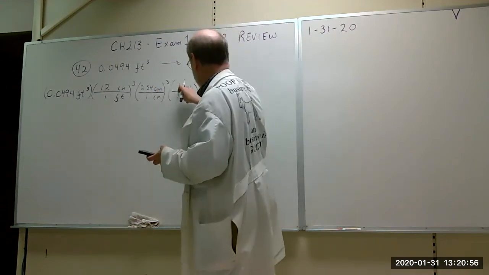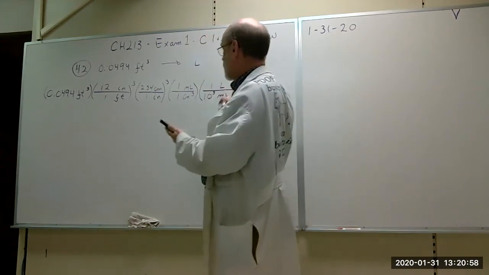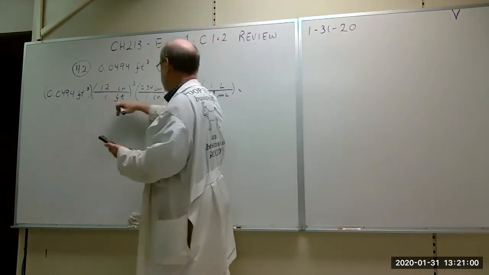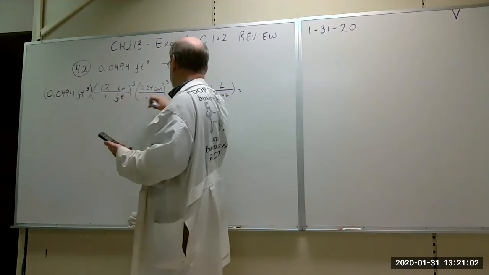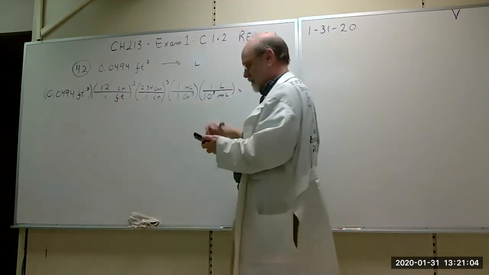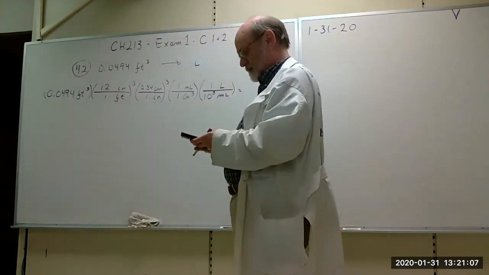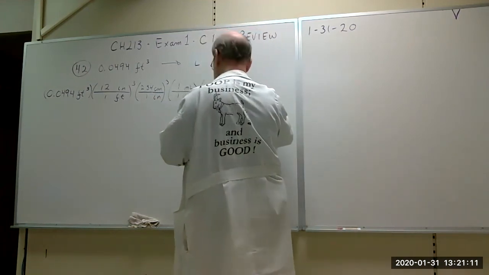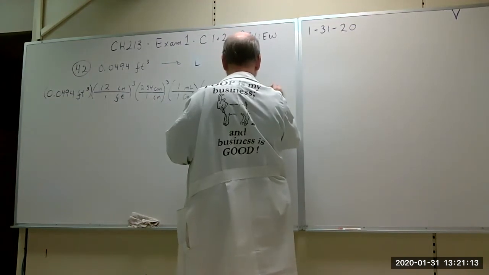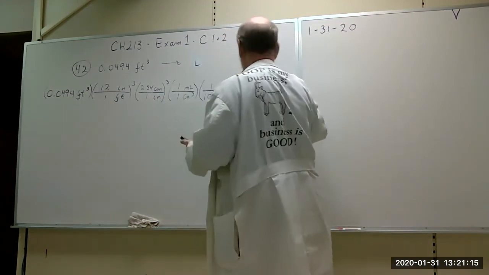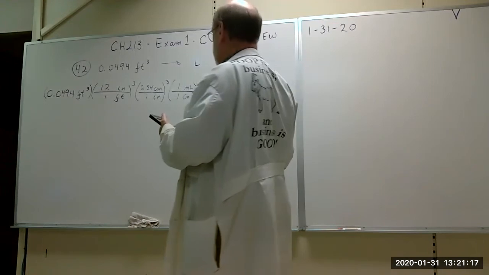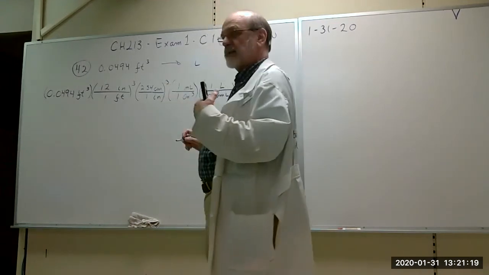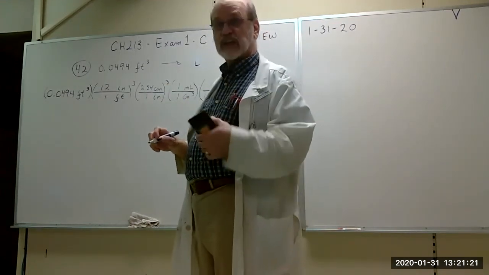Okay. And then 1 and then 1. The rest of it has to be divided. 1 divided by 1 cubed is 1, 1, 1. And then the third is 1,000. So I get 1.39885 liters.